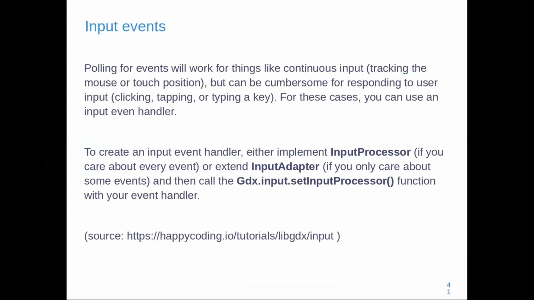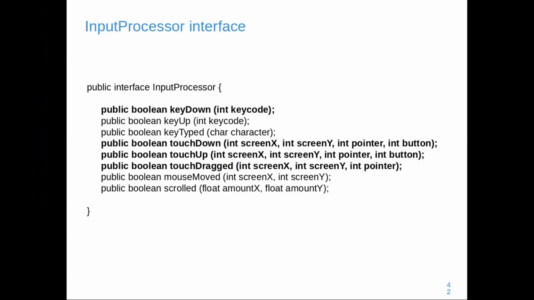That's not very convenient. So the way LibGDX handles it is input events. Basically, you create a subclass of a special class called InputAdapter, which implements the InputProcessor interface. And it has methods for different kinds of input events.